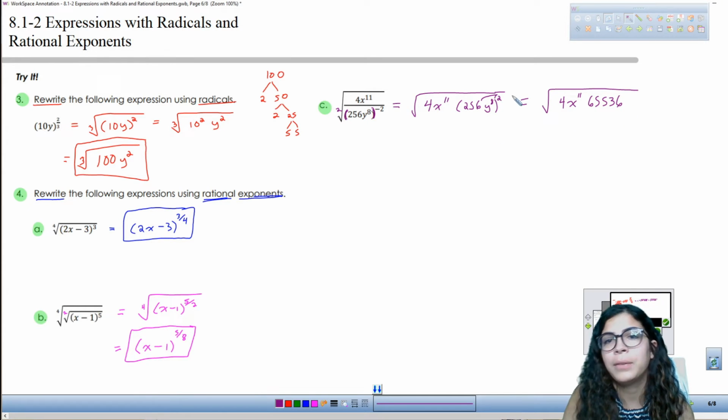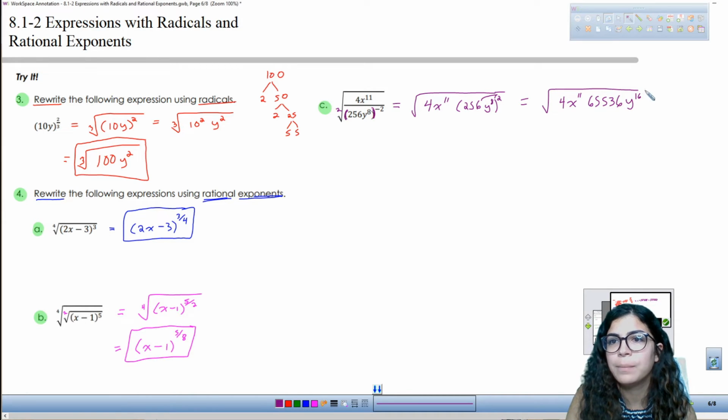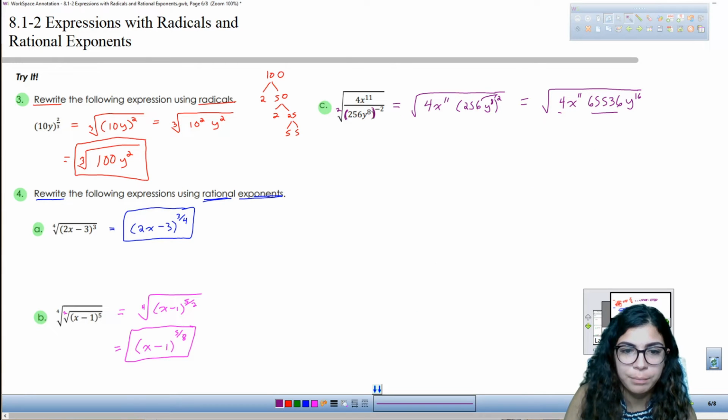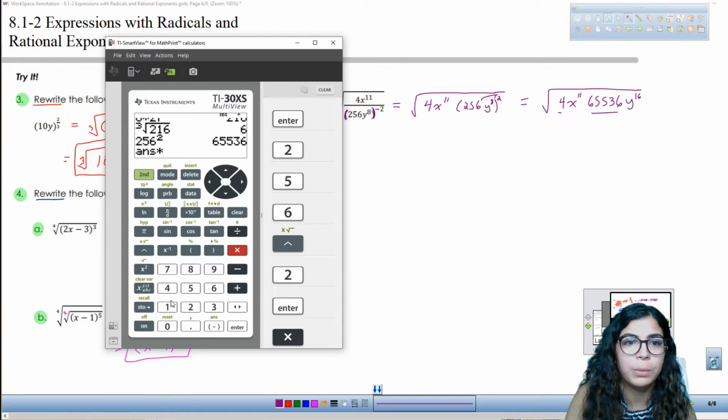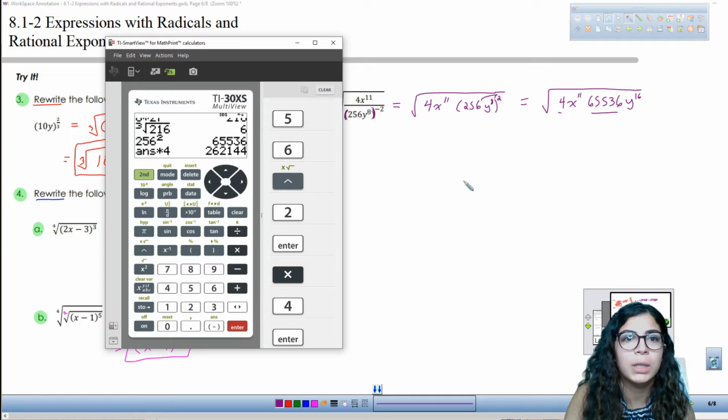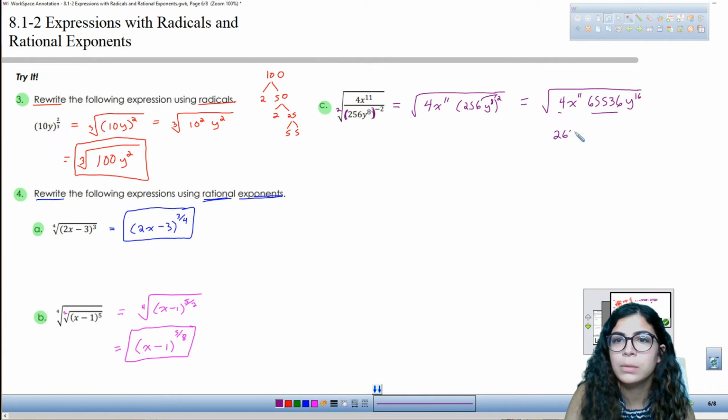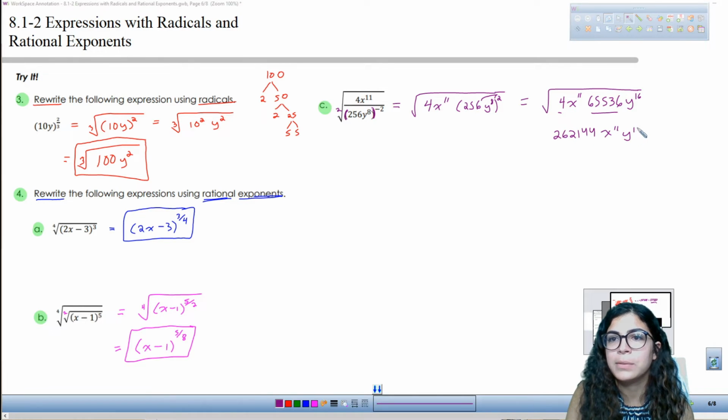And y to the power of 8 to the power of 2 will be y to the power of 8 times 2, which is y to the power of 16. All right. Then 4 times that number we can multiply together. So times 4, 262,144. x to the power of 11, y to the power of 16.